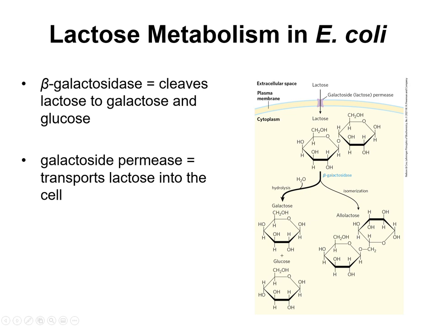Once the lactose comes in, beta-galactosidase can do its thing, and the primary pathway is to hydrolyze these two sugars and create galactose and glucose. However, there's a little bit of isomerization activity that creates this allolactose, which is important. It's a signal molecule. So hold on to that in your back pocket.